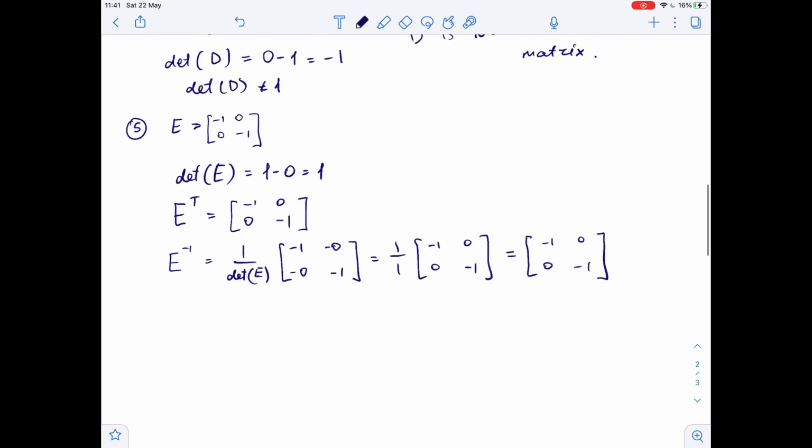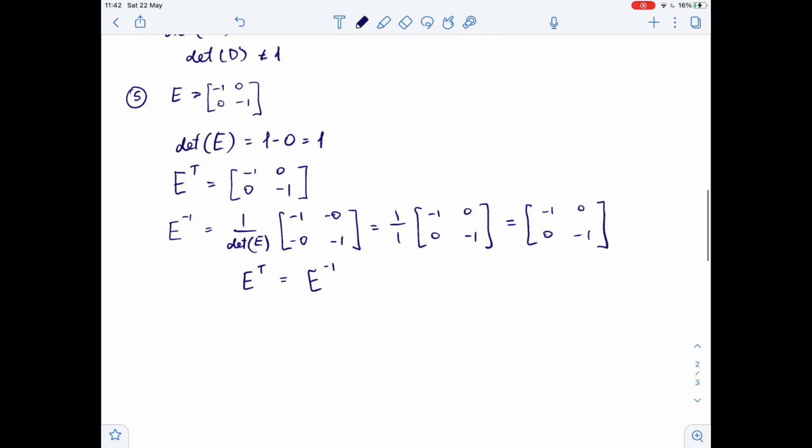As we see, the transpose of matrix E is equal to the inverse of matrix E. So let's write it down: E transpose is equal to E inverse. And that means that both requirements are met. So matrix E is a rotation matrix.